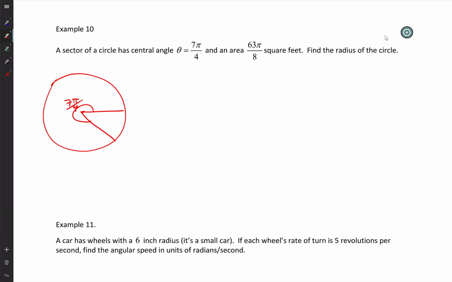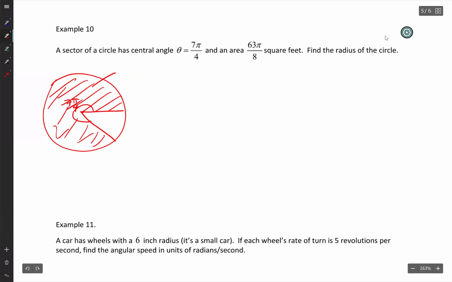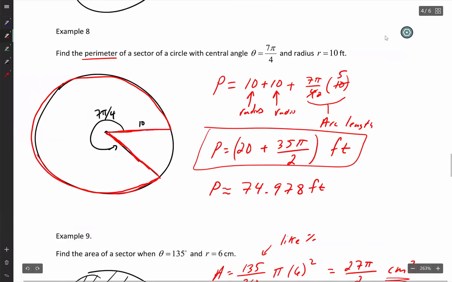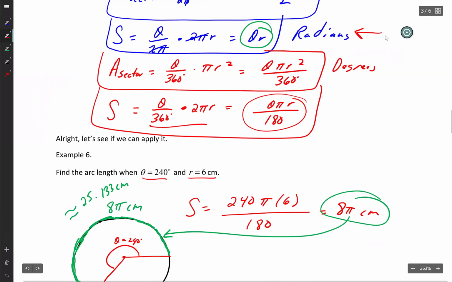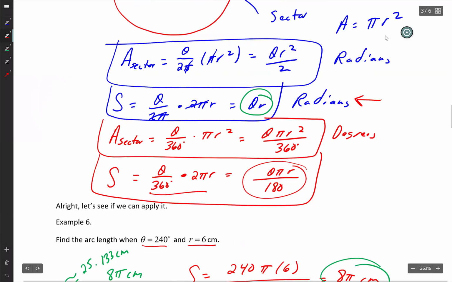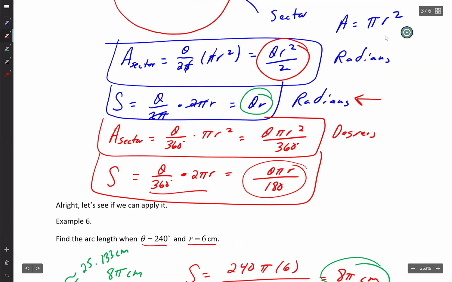And the area of all this is 63 pi over 8, and they do not know what the r is. All right, so area equals, and if we come back up here for radian, theta r squared divided by 2.